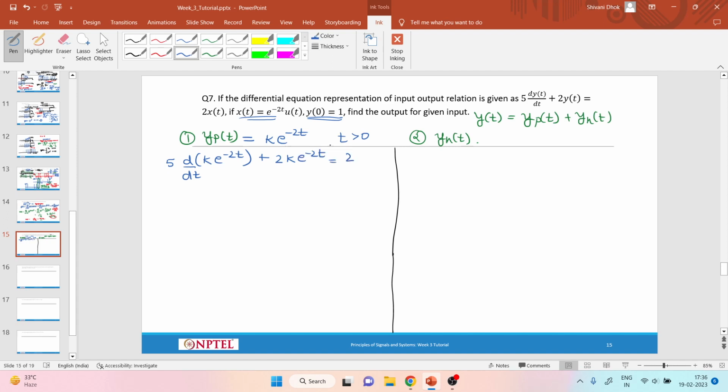Your x of t is e^(-2t) u of t, so it is 2 e^(-2t). This comes out to be -10k e^(-2t) plus 2k e^(-2t) is equal to 2 e^(-2t).